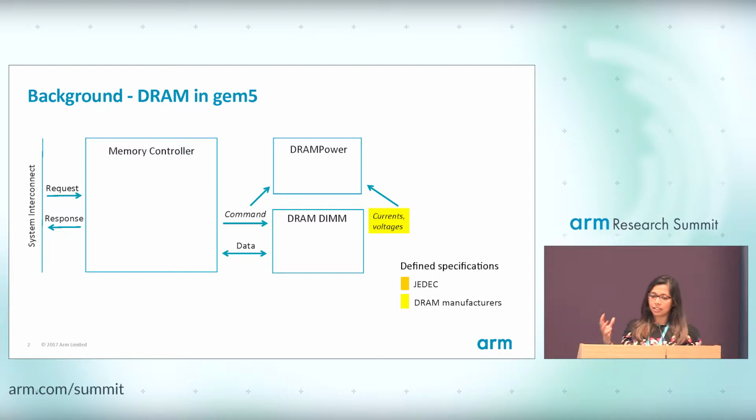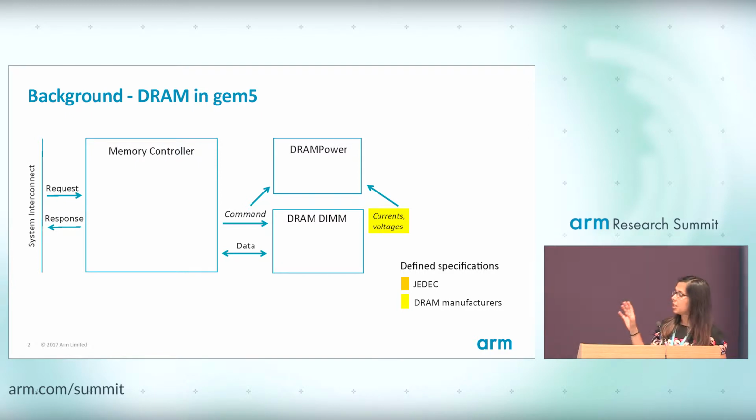The data stored in DRAM is organized in the form of ranks, banks, and rows and columns. Each bank is made up of rows and columns.